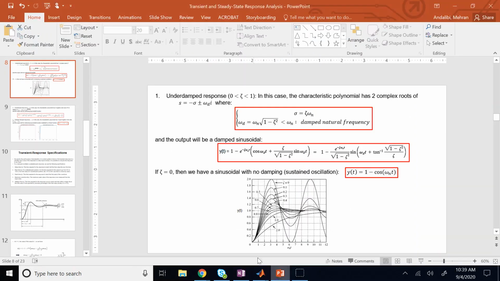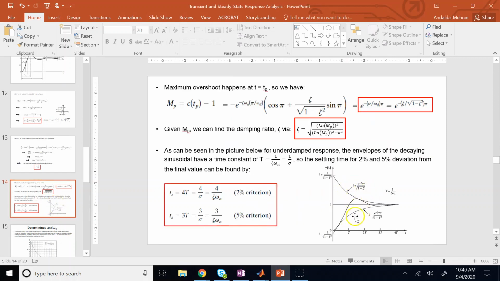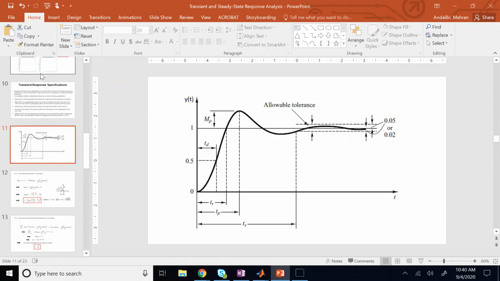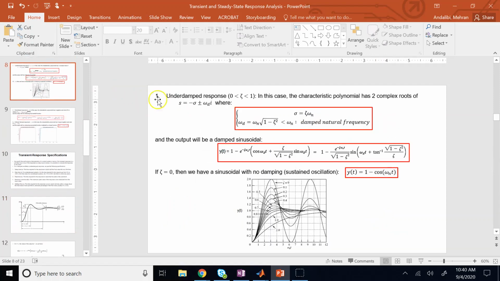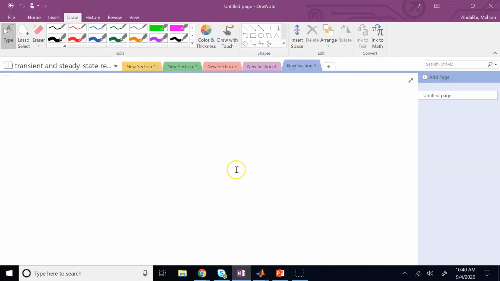Those two exponentials we call envelopes of the underdamped response. The power of the exponential is negative zeta omega n. And what is zeta omega n? Based on what we defined, zeta omega n is called sigma. So those exponentials are e to the negative sigma times t, correct?